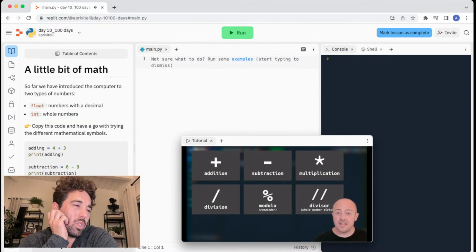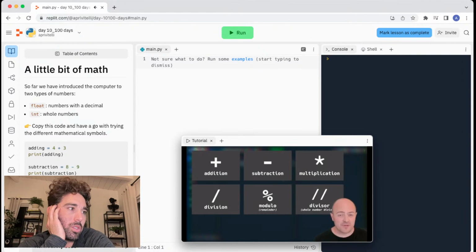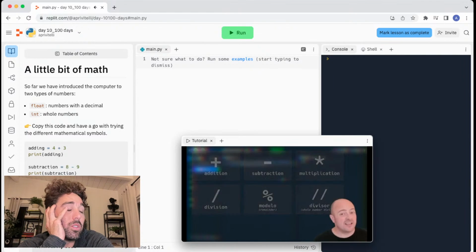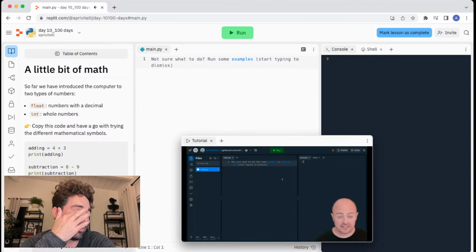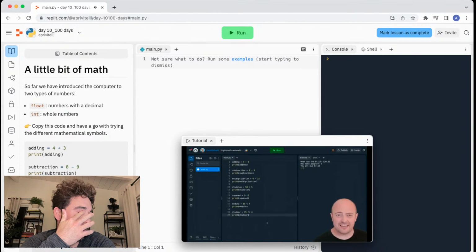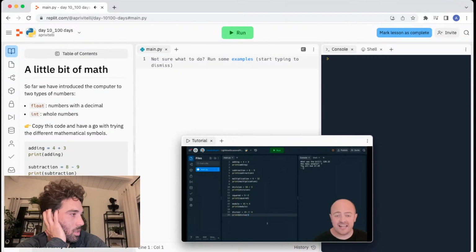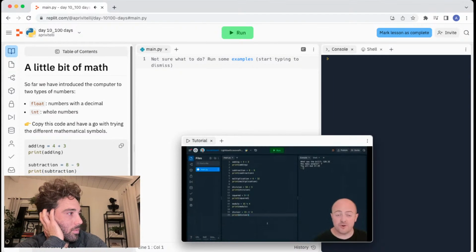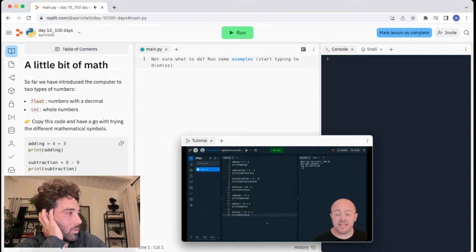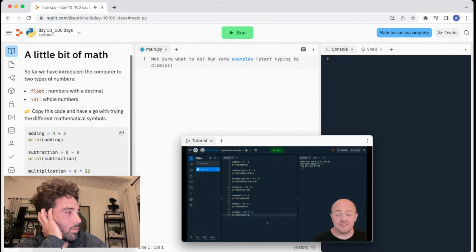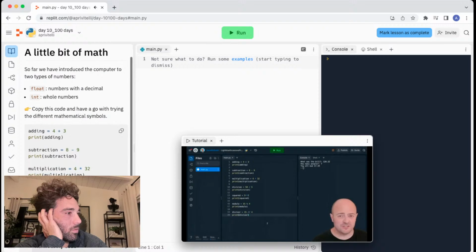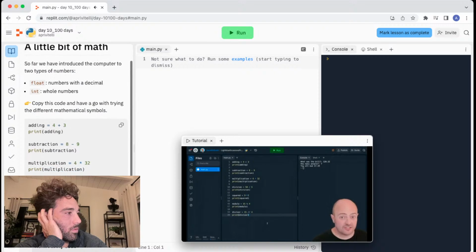All of that stuff is really useful, and we can combine it with brackets to do amazing things.